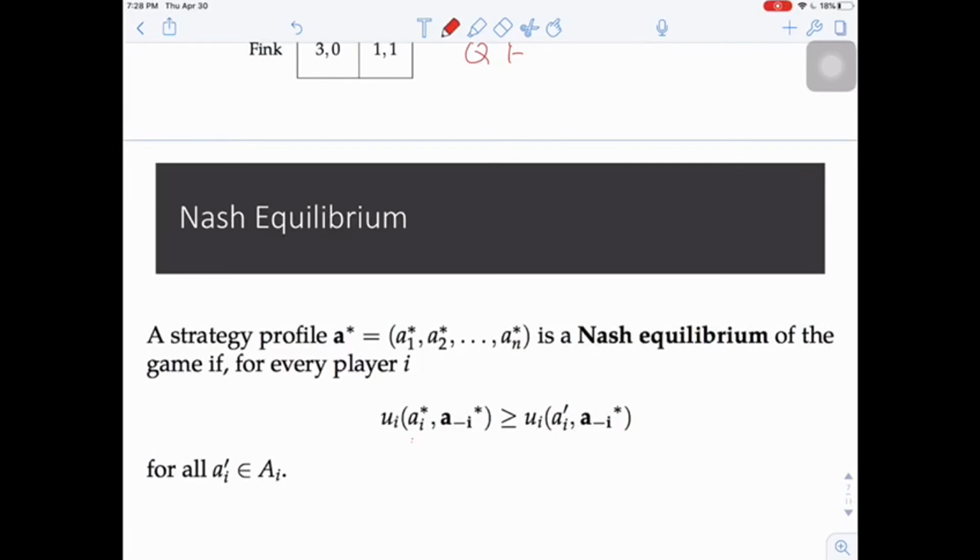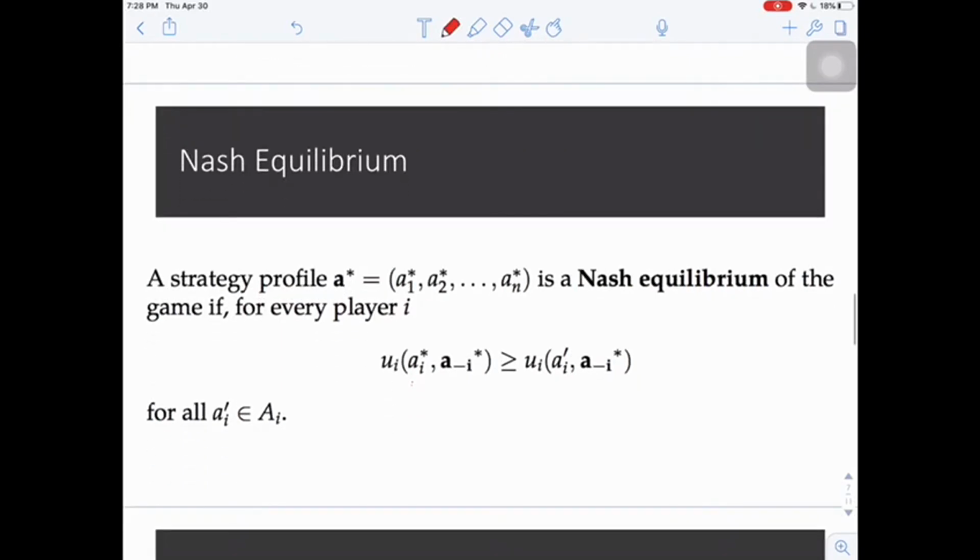After knowing what the payoff function is, we can move on to the most important concept in game theory, which is Nash equilibrium. A strategy profile a star is said to be a Nash equilibrium of the game if for every player i, the payoff is greater than or equal to other possible payoffs, given the fact that other players stick to their actions.